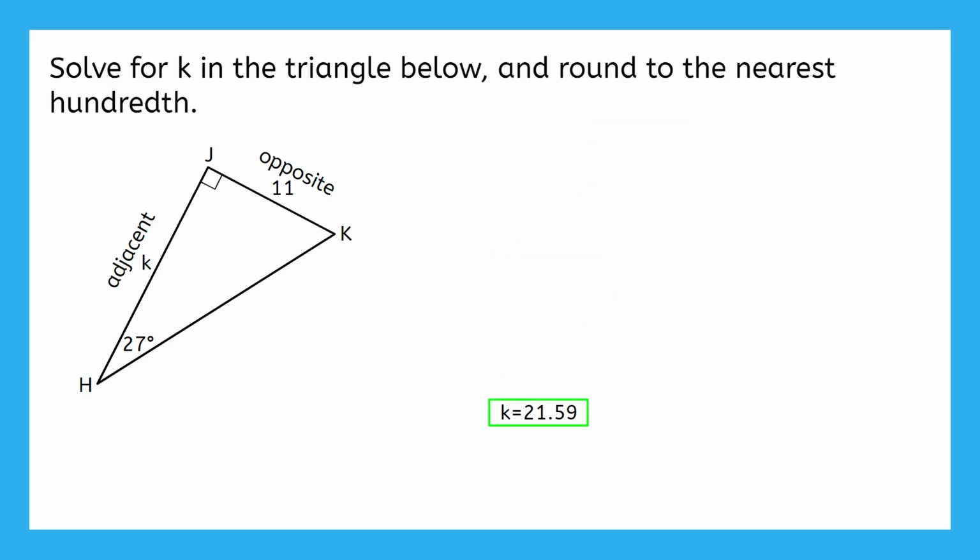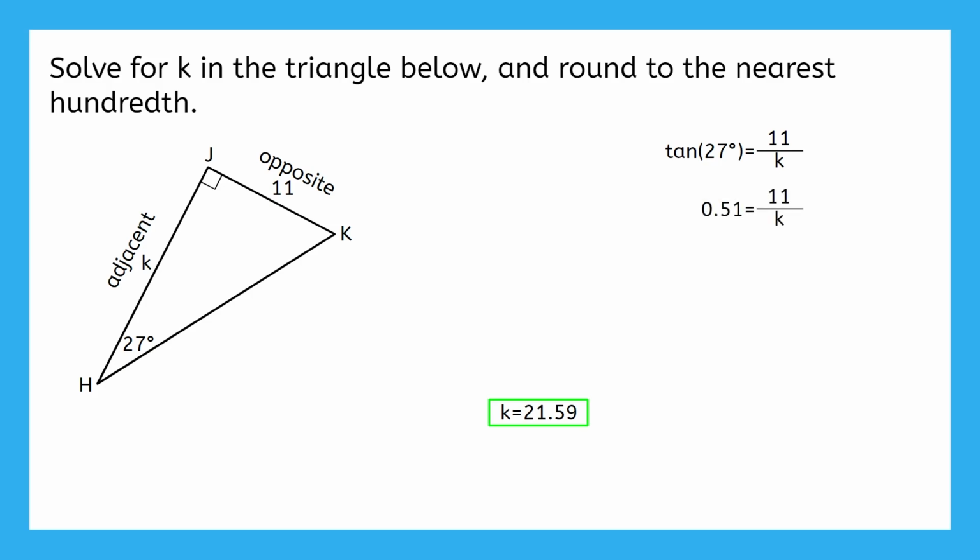I want to point out why it's so important to wait to put things into your calculator until you solve for your variable first. What if I put the tangent of 27 degrees into my calculator and then rounded from the start? Well, the tangent of 27 degrees rounds to 0.51.